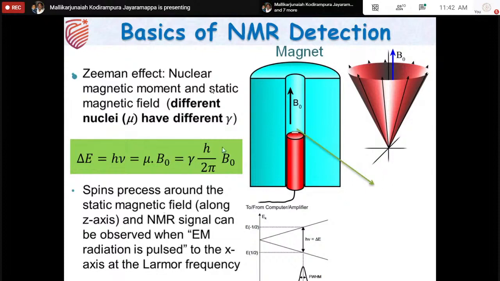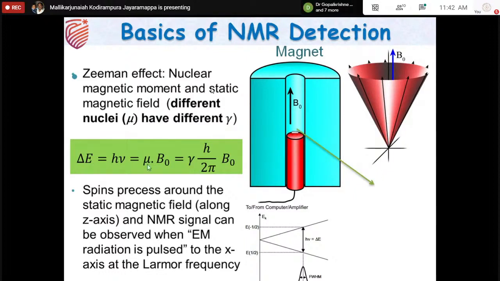can be written as gamma h by 2 pi into B naught, where gamma is the magnetogyric ratio, and this magnetogyric ratio purely depends on the particular nucleus we are studying.